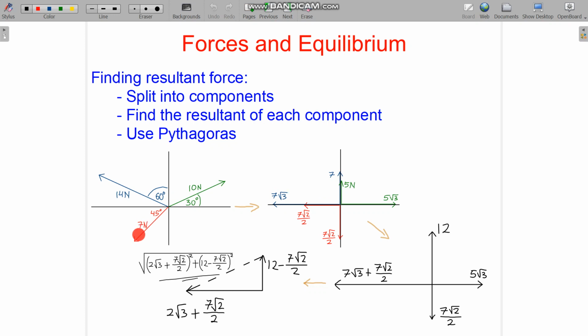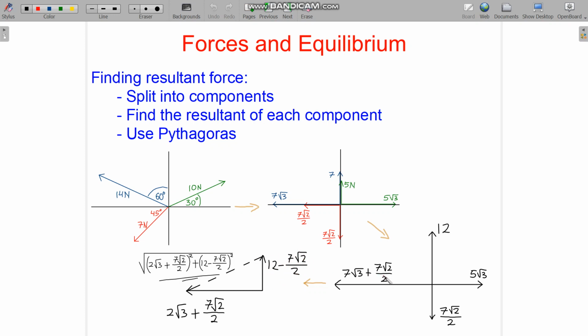You can split the 7 newtons into 7 root 2 over 2 each. And for the resultant now, 7 plus 5 is 12. We still have 7 root 2 over 2. We still have 5 root 3, and here we add 7 root 3 and 7 root 2 over 2. For the total in the y direction, 12 is bigger than 7 root 2 over 2, so this is 12 minus 7 root 2 over 2 upwards.